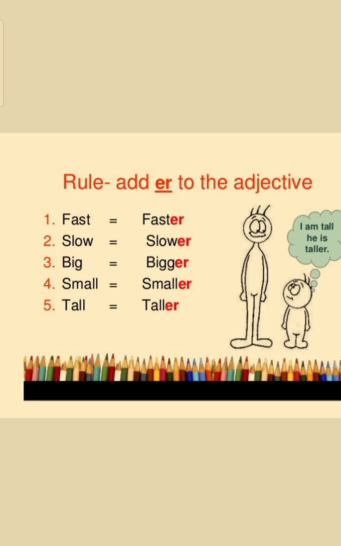So these are the examples of comparative degree. Positive fast, comparative faster. Slow, slower; big, bigger; small, smaller; tall, taller, right?